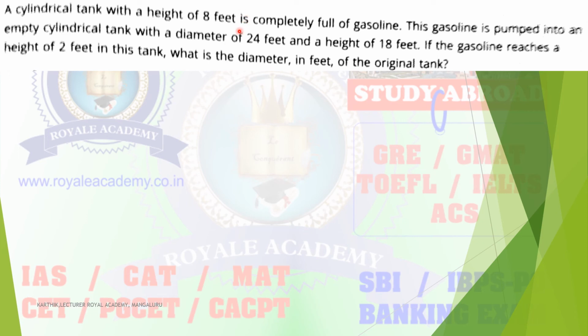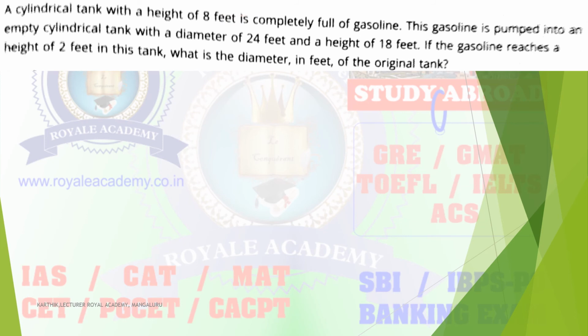Then that gasoline is shifted to the empty tank of diameter 24 and height 18 feet. If the gasoline reaches a height of 2 feet in that empty tank, okay, all of the 8 feet tank shifted to this 24 feet diameter and 18 feet height tank, so the empty tank will fill up to 2 feet. Then what is the diameter in feet of the original tank?